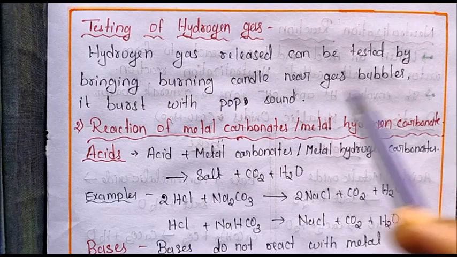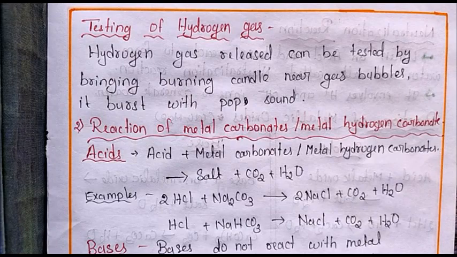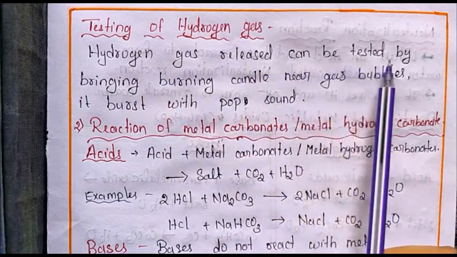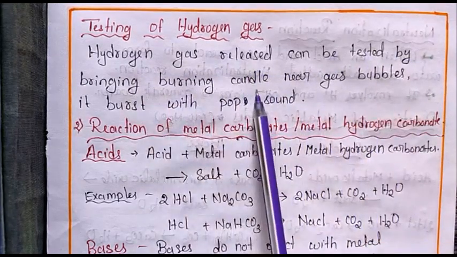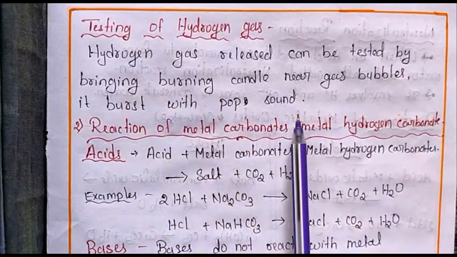Then, testing of hydrogen gas. How would you know that the gas is hydrogen? For that we have to test. Hydrogen gas release can be tested by bringing a burning candle near gas bubbles. It bursts with a pop sound.